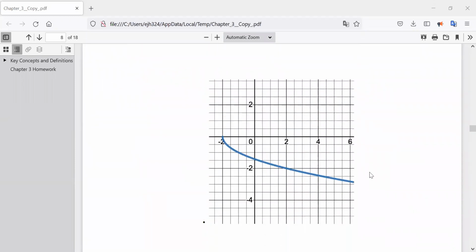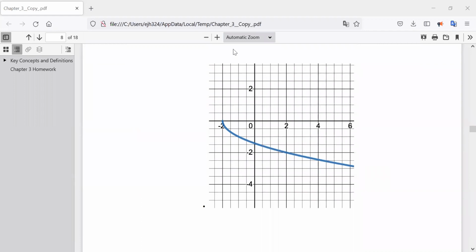Okay, so is this graph right here a function? It is. Yeah, it passes the vertical line test, right? Anywhere I draw a vertical line, we're good. So what's its domain and range? Bracketed -2 to infinity for the domain. Exactly.